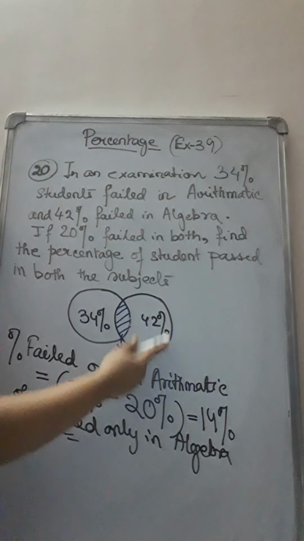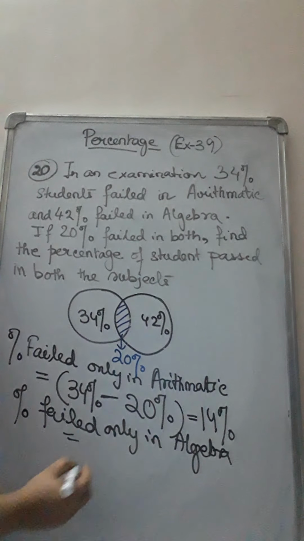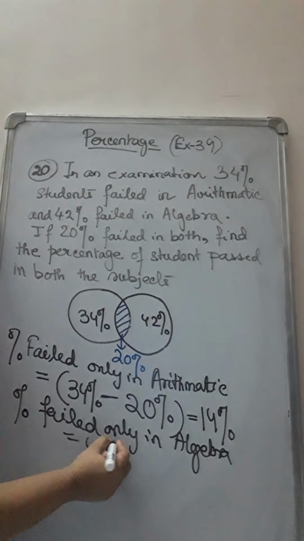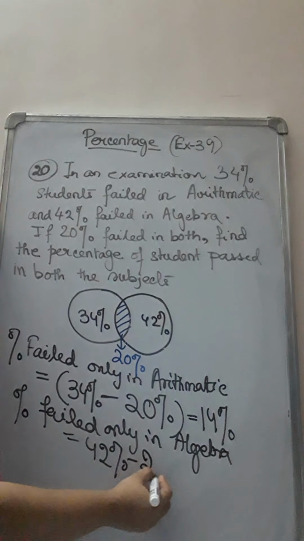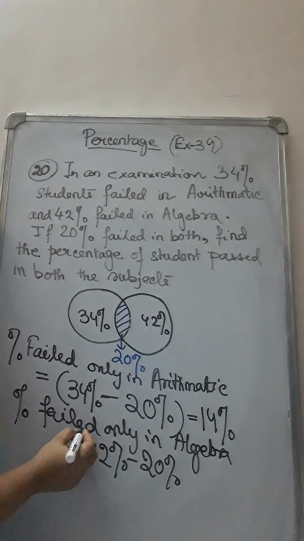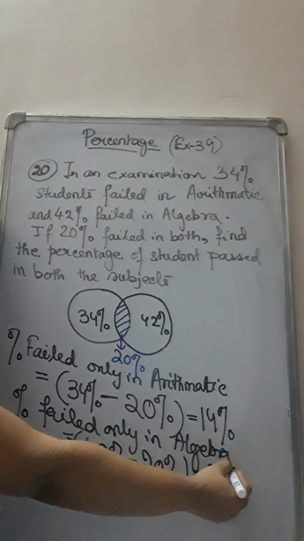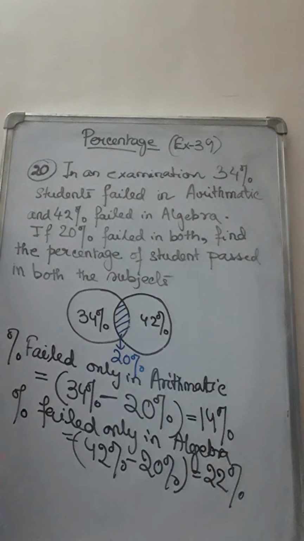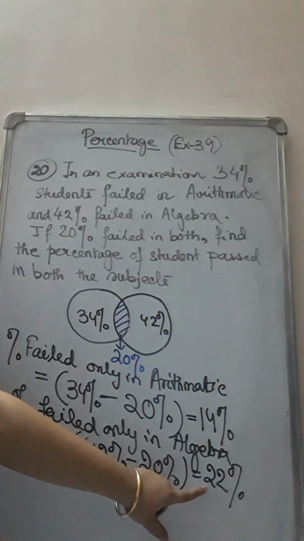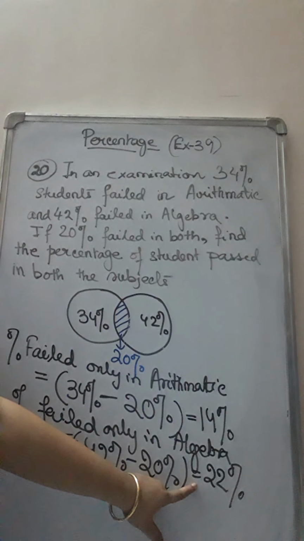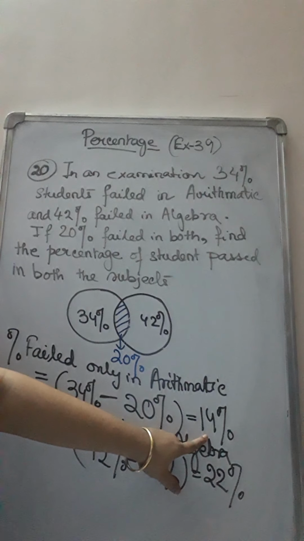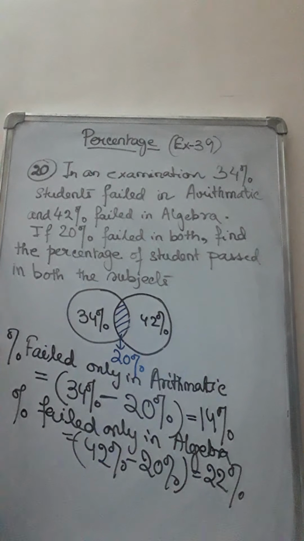So the totality is 42%. So from this 42%, if we subtract those who have failed in both, we will get exclusively the percentage of students who have failed in only algebra. So 22% is only algebra failed. 14% means students who failed only in arith.